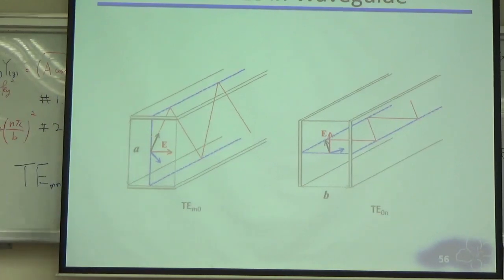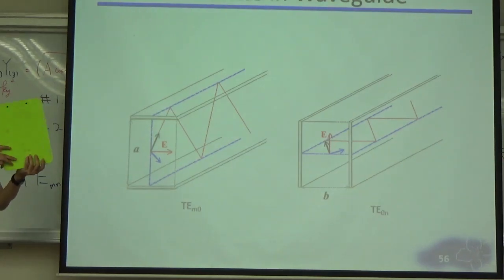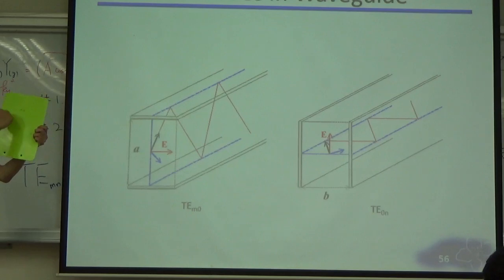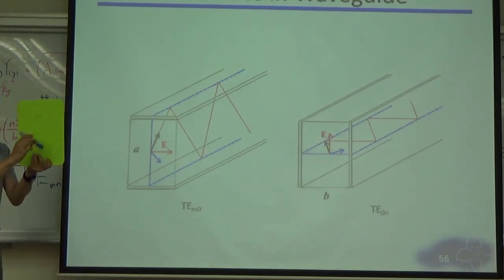Okay, let me use this one. If this is a cross section of the waveguide, and this is b, and this is a, and this is b, this is the cross section, and your E field is on this plane.